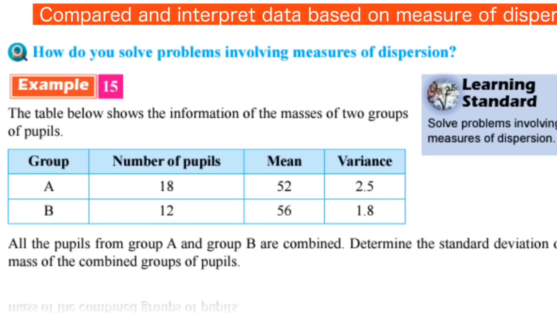Group B has 12 pupils, mean 56 and variance 1.8. All the pupils from group A and group B are combined. Determine the standard deviation of the mass of the combined groups of pupils.